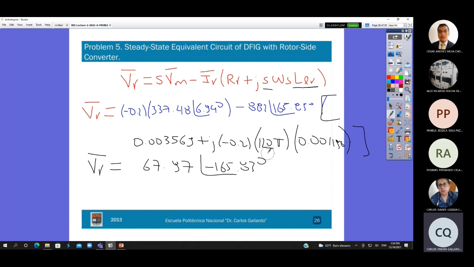In order to compute the equivalent impedance for the rotor side converter, I will use the relation, by definition, equal to the rotor voltage over the rotor current.